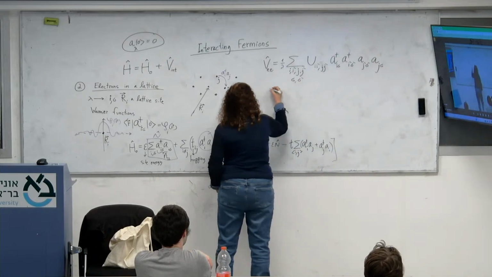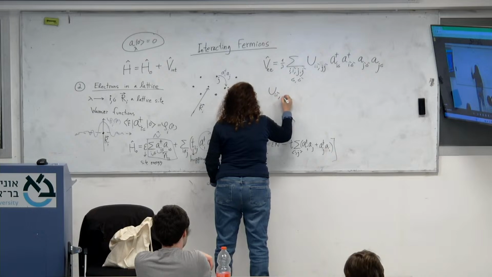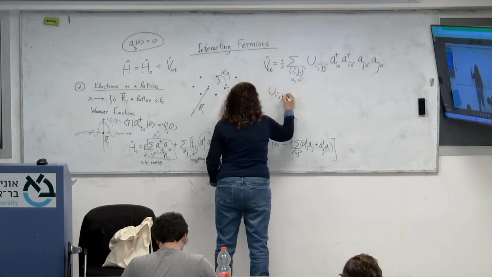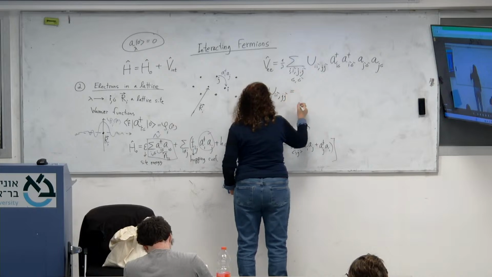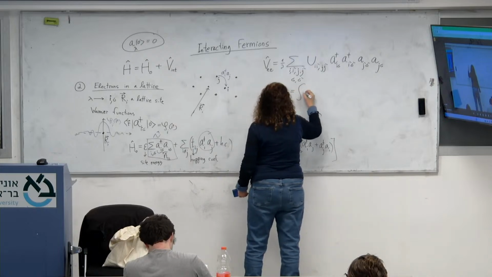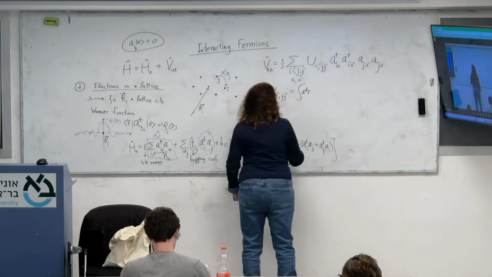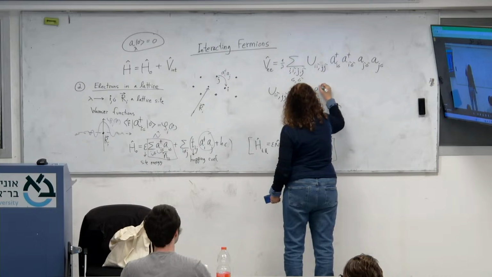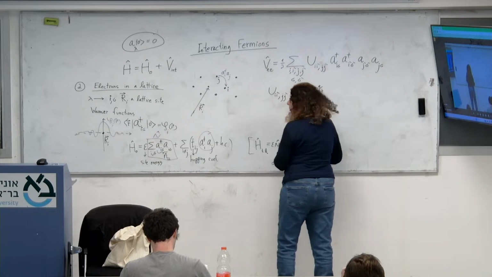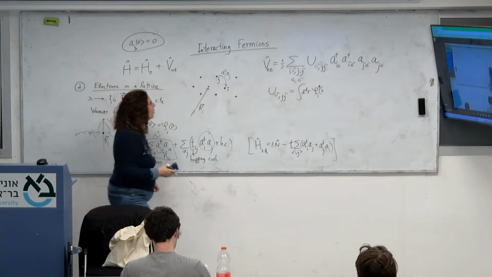And let me now write what is the matrix element I prime, J prime. It is the integral in d-dimensional space of phi star, actually I need a double integral.